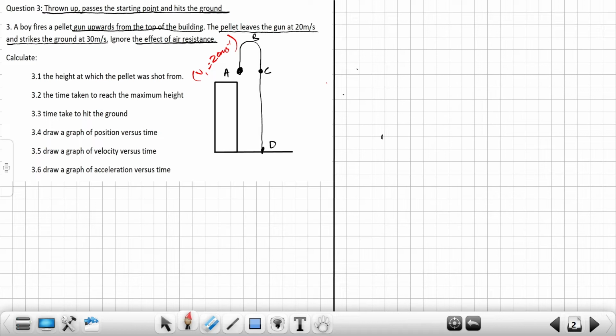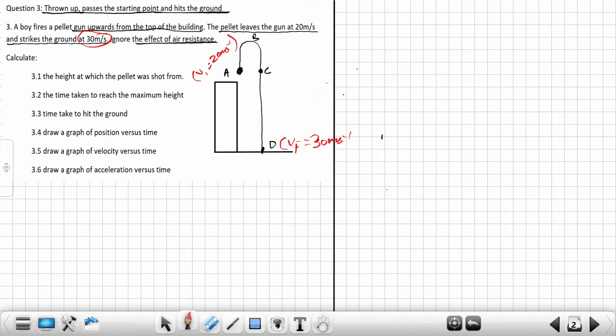And then I am told again at D, it strikes the ground at a velocity of 30 meters per second. So V final here is equal to 30 meters per second. What other information do I have? I don't have any other information, but I believe I have exhausted the statement that is given.